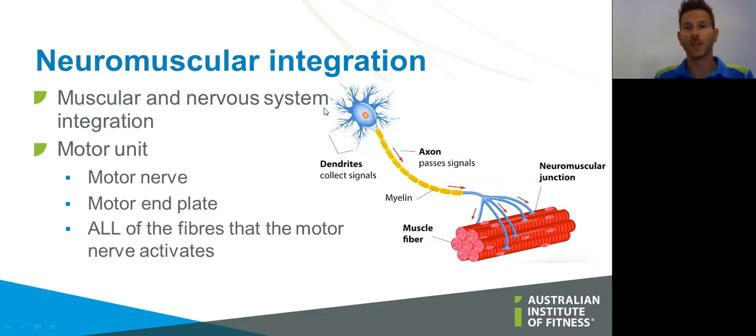So the motor nerve is the full neuron here. The motor end plate is where the motor nerve connects to the muscle fiber. And then we look at the muscle fibers, and these are all the fibers that are connected to that motor nerve. Okay.